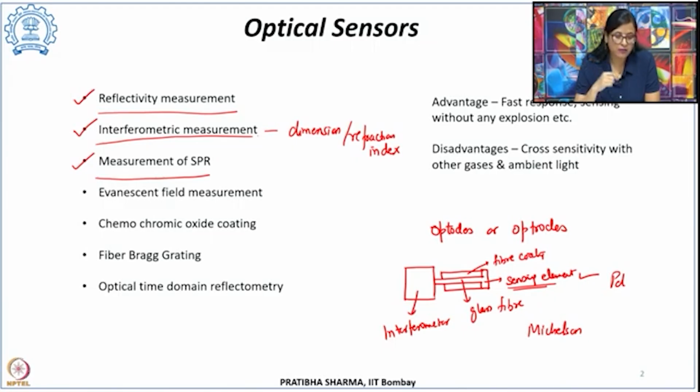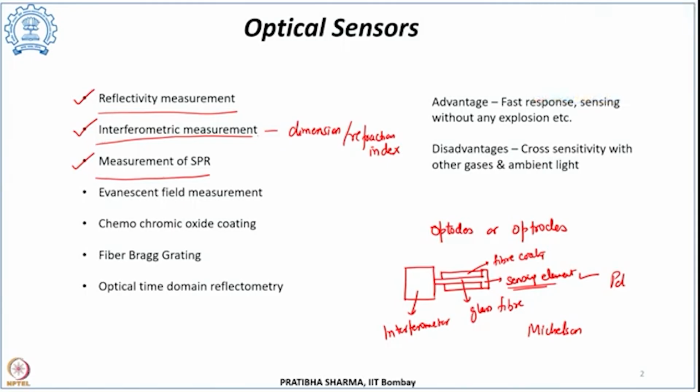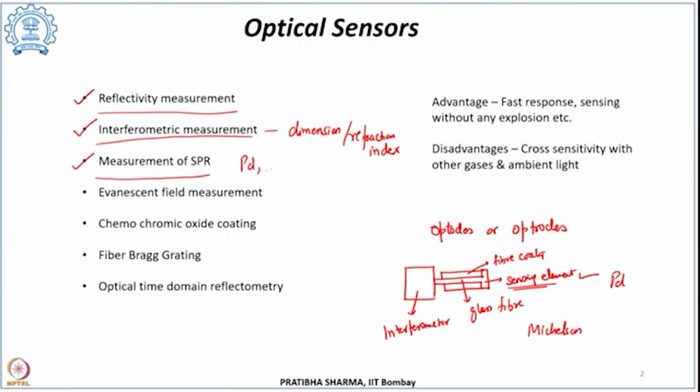There are several ways in which surface plasmons can be generated: a prism coupler, a grating coupler, or different waveguides. A few materials support surface plasmon resonance and are sensitive towards hydrogen, like palladium, gold, or silver.